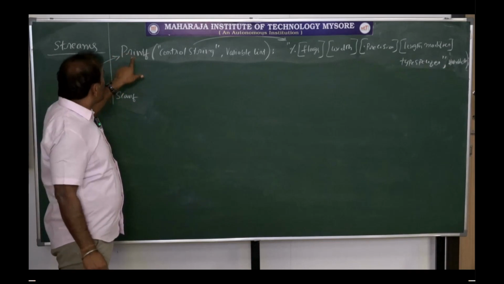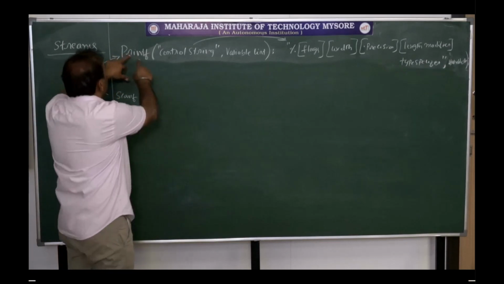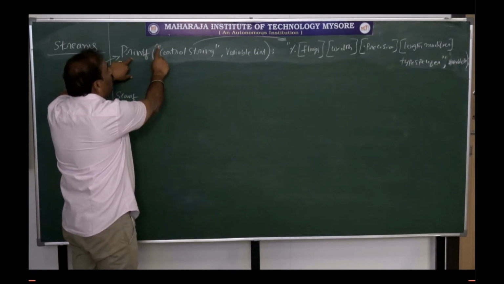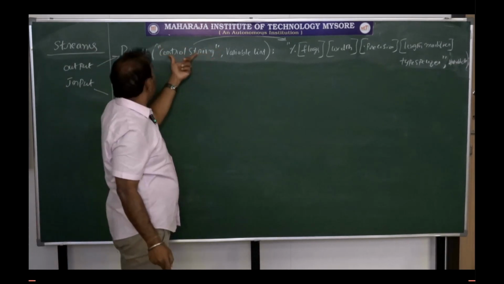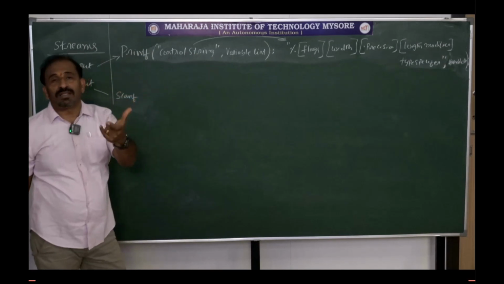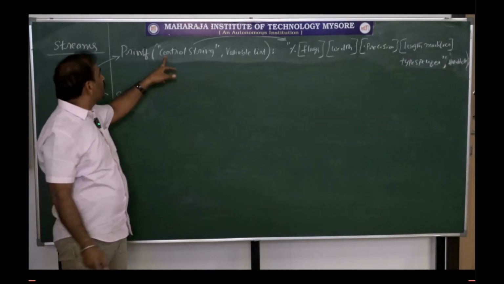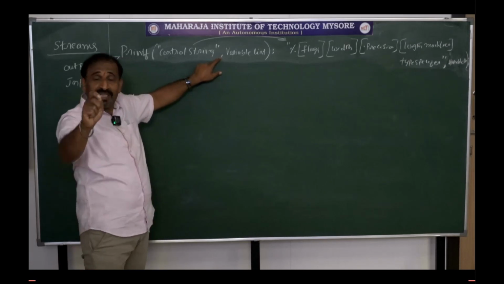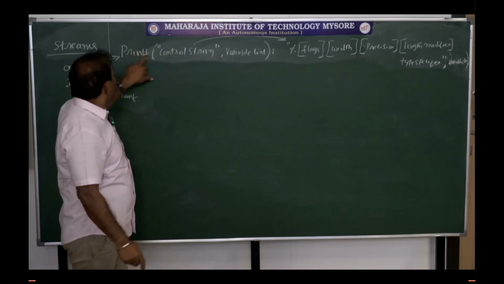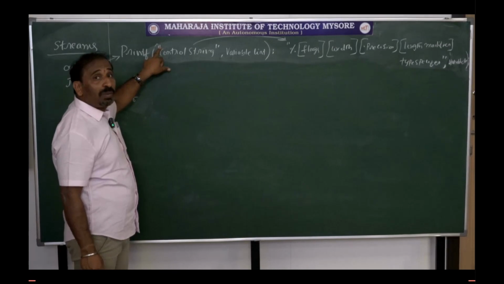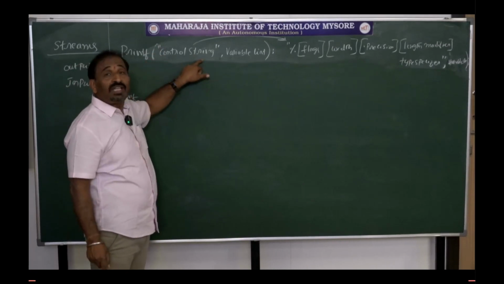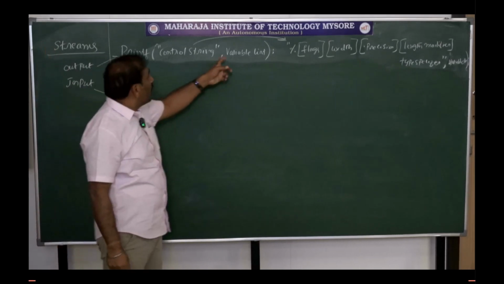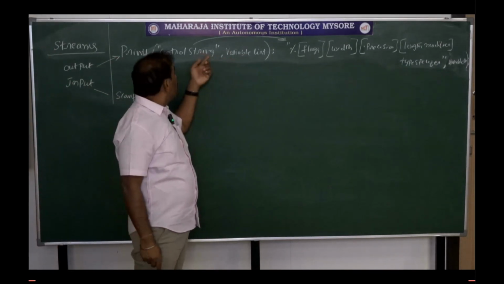Okay, printf will have printf followed by an open bracket, then you have quotes giving you what to be printed. This is called a control string, followed by a comma. These are all mandatory things you need to follow: printf, open bracket, open quotes, control string, which is what will be displayed, and this is the format.